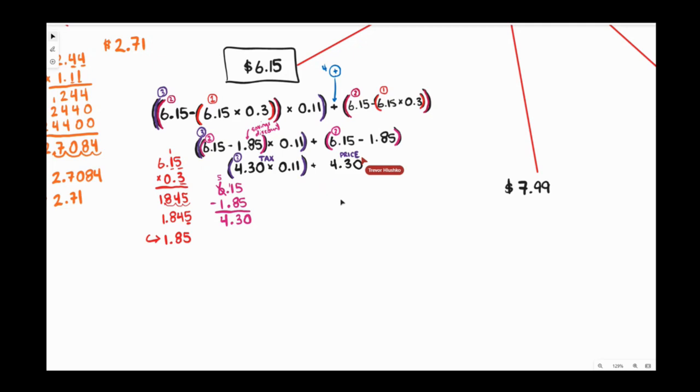So I'm going to go 4.30 times 1 decimal. Oh, sorry, no, not 1 decimal. That was in the last one. 1. Okay. And I'm going to multiply. So 1 times 0, 0. 1 times 3, 3. 1 times 4, 4. Okay.